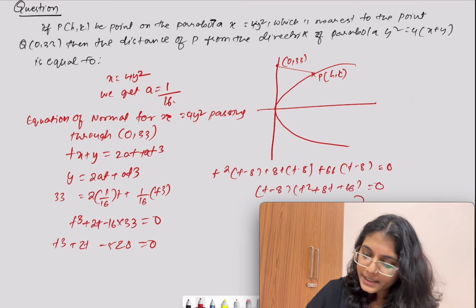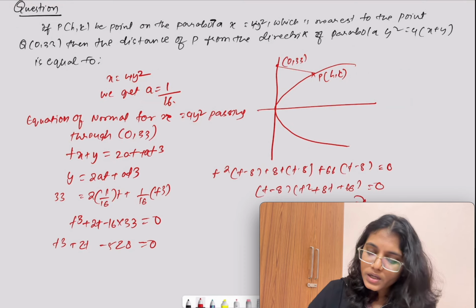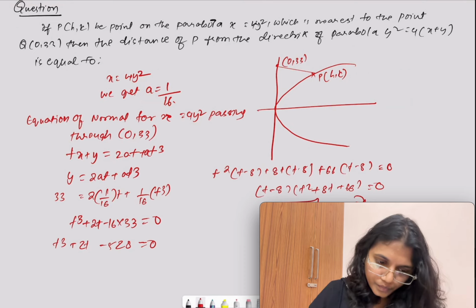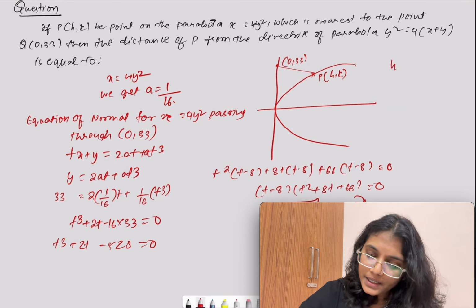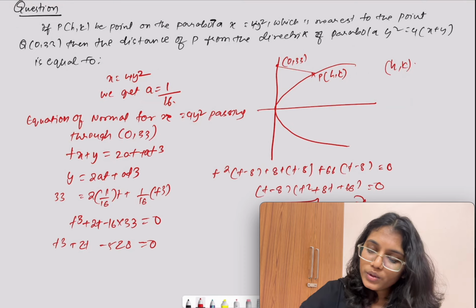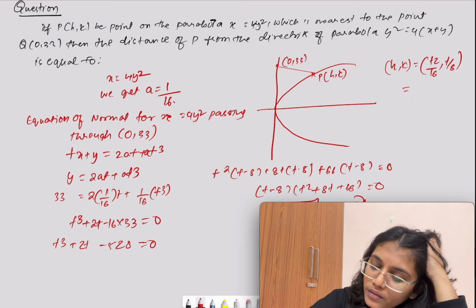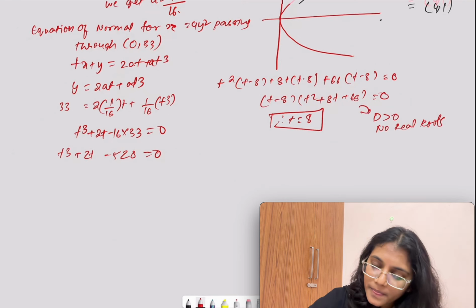Here D will be less than 0, so no real roots. Therefore t will be equal to 8. Now h comma k will be equal to t squared by 16 comma t by 8, which will be equal to 4 comma 1.